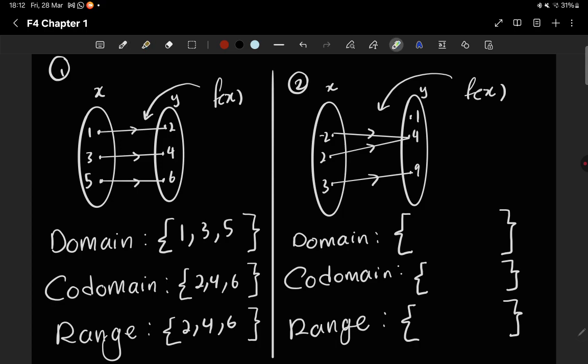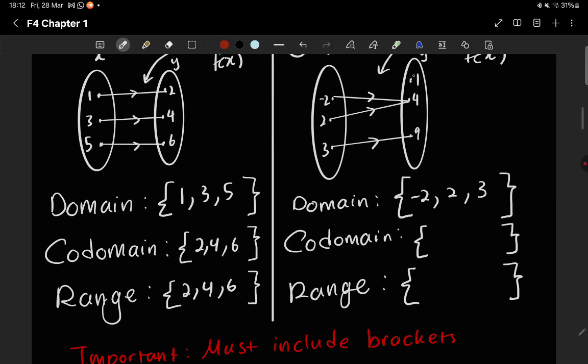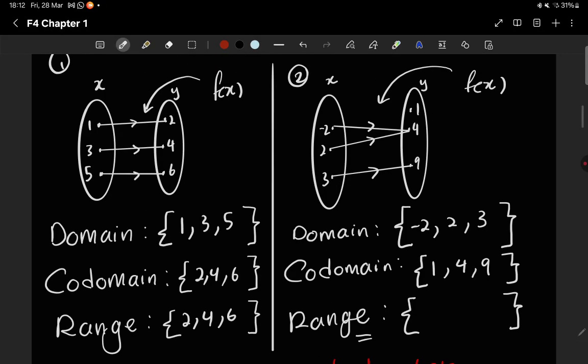Okay, why don't you take a moment to pause the video and try to solve this. If you've already solved it, the domain for this will be -2, 2, and 3. The codomain is whatever is in the next set, which is 1, 4, and 9. But when we come to range, remember what we said about range.